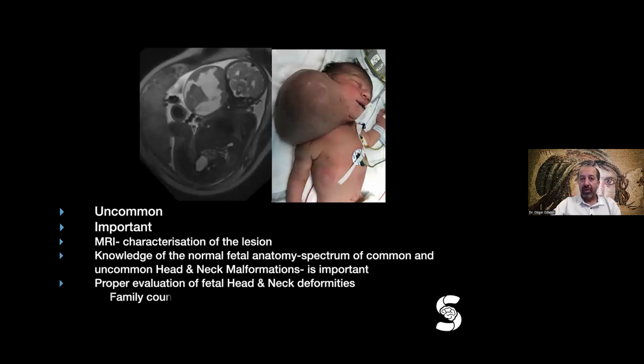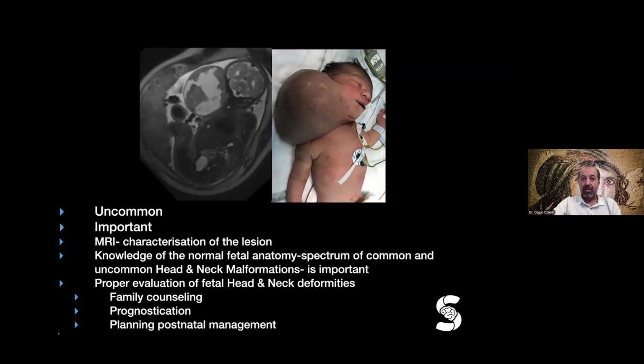Familiarity with this spectrum of common and uncommon head and neck malformations and their appearance on fetal MRI is essential not only for confirming and complementing ultrasound findings, but also for family counseling, prognostication, and planning postnatal management. It's very important. Fetal neck masses are uncommon, but critically important as they may lead to life-threatening airway obstruction during birth.